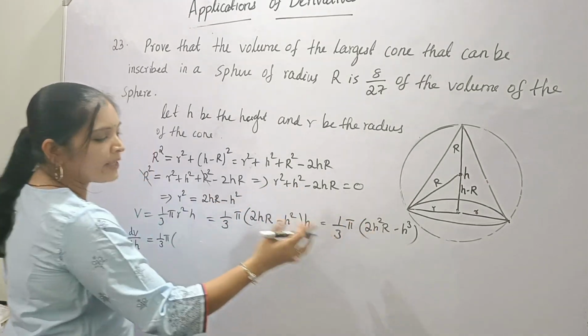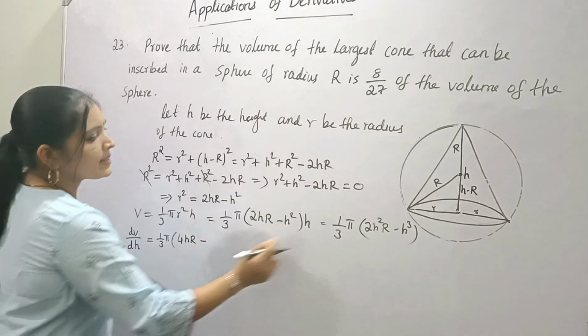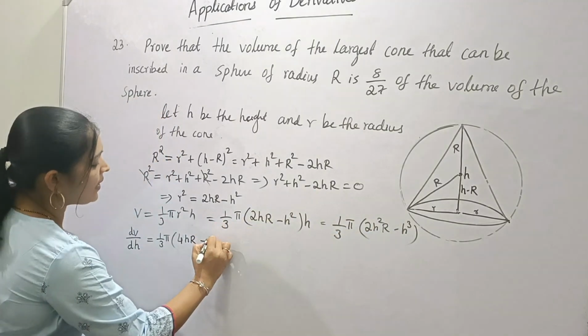So 2R into 2h is 4hR, minus the derivative of h cube, which is 3h square.